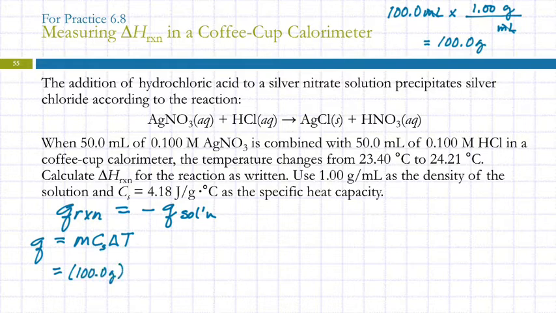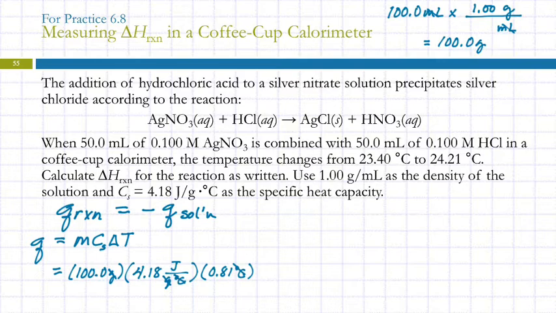The specific heat capacity is given right here, 4.18 joules per gram degree Celsius. And the temperature change is going to be the 24.21 minus 23.4, the final minus initial. So 0.81 degrees Celsius. So we look at the units, and the grams cancel and the degrees Celsius cancel, and we're going to have a unit of joules.